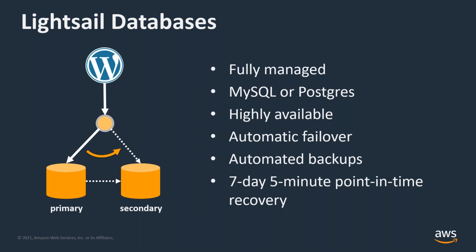So when we're using Lightsail WordPress instances, how do they use this new database? Changing the database is as easy as simply updating the configuration. So using a Lightsail database allows us to share this resource across multiple instances. But what does this do for us in terms of HA?